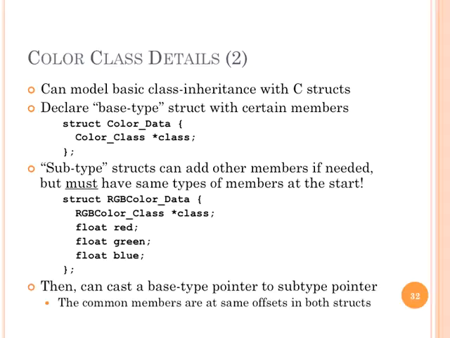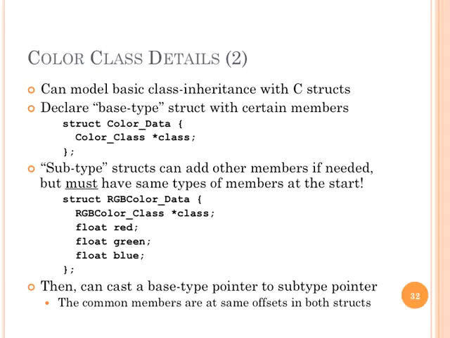This actually allows us to rely on a clever-ish C trick, where if you have a number of structs, where one is sort of like a base struct or a parent struct, and you have subtype structs, you're actually allowed to work with these things as long as the structs have the same prefix. So they all have the same members at the start. Then you can cast back and forth between them, and you can still access the base struct type members.